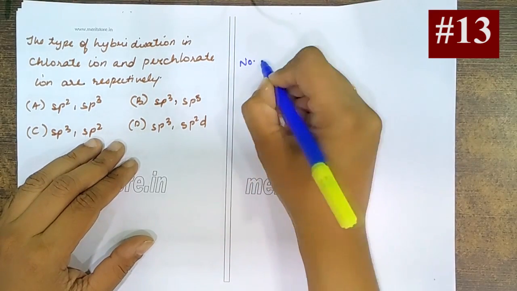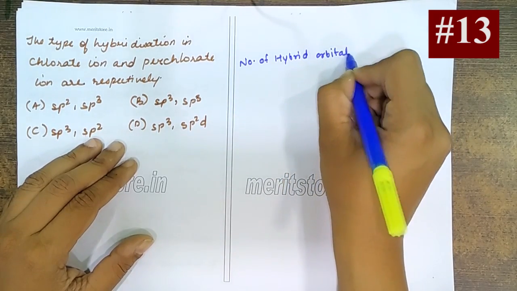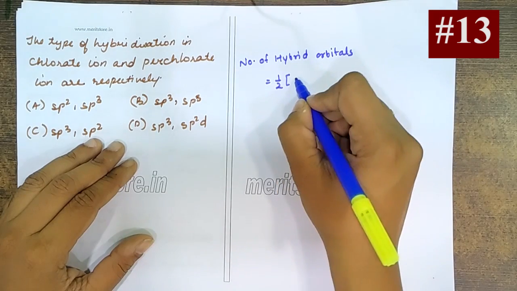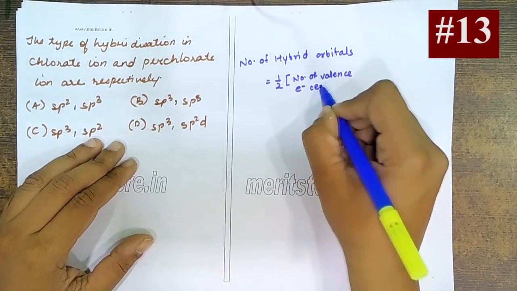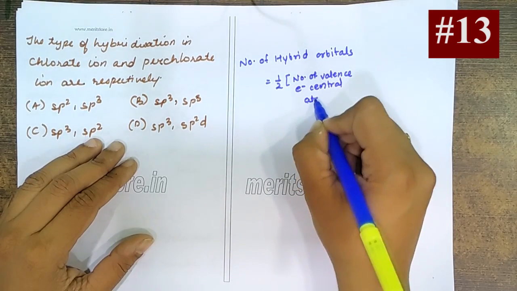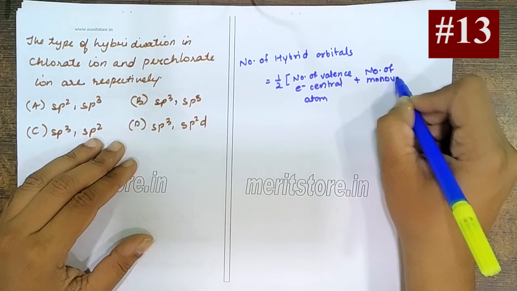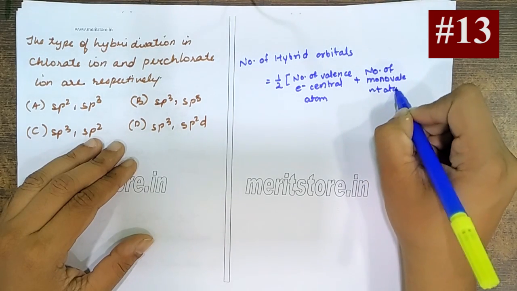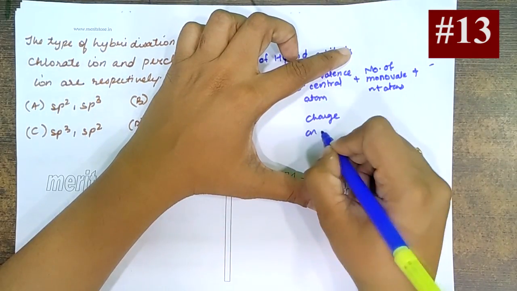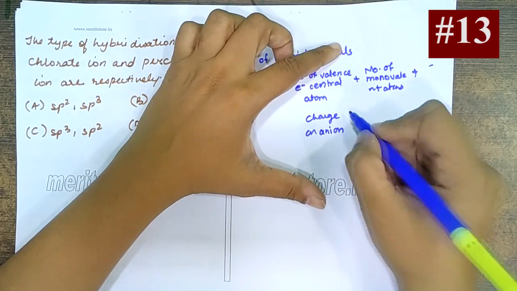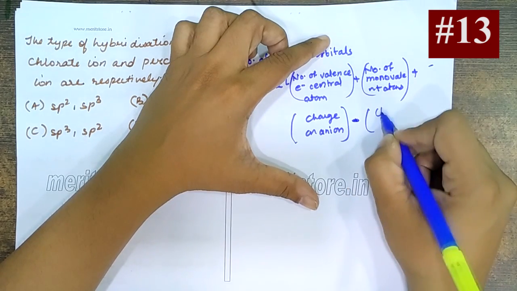For that we have a formula: half into the number of valence electrons of the central atom, then we add the number of monovalent atoms attached to that central atom, then we add the charge on the anion if the species given is anionic, and then we subtract the charge on the cation.